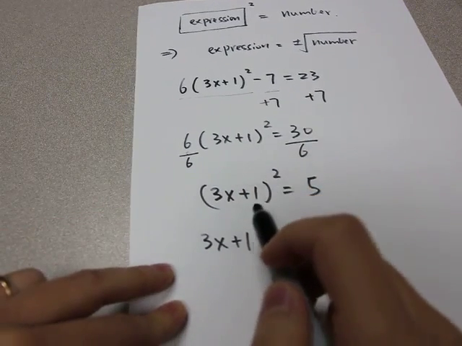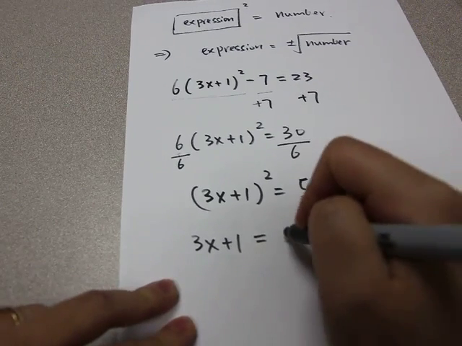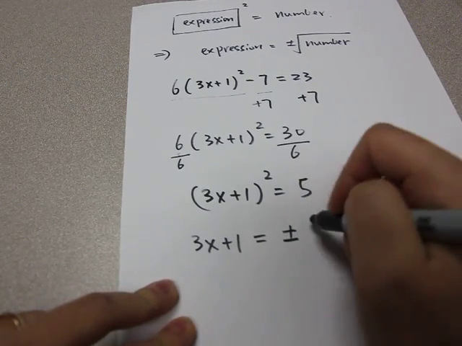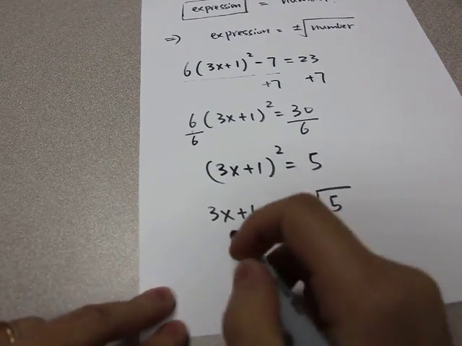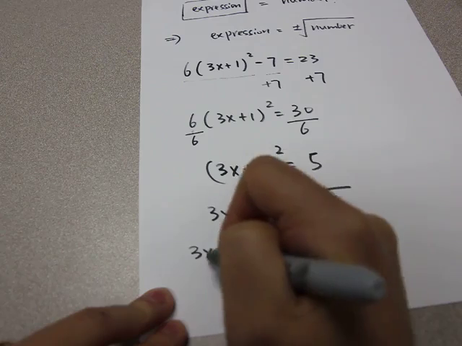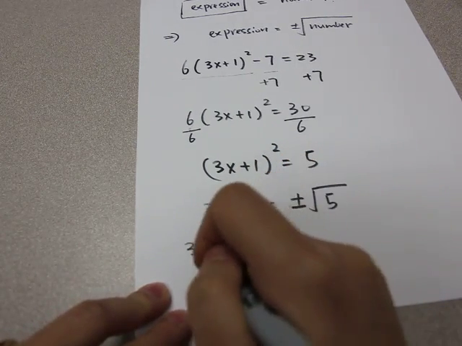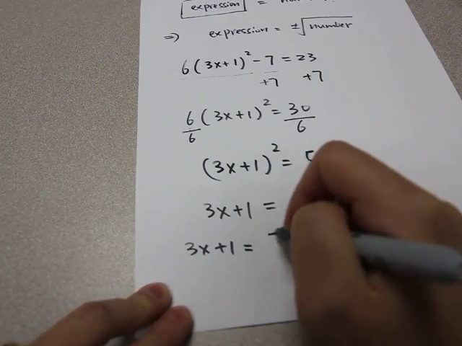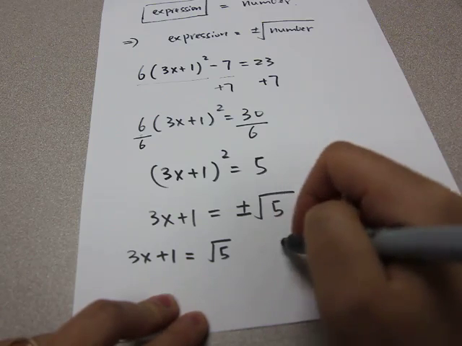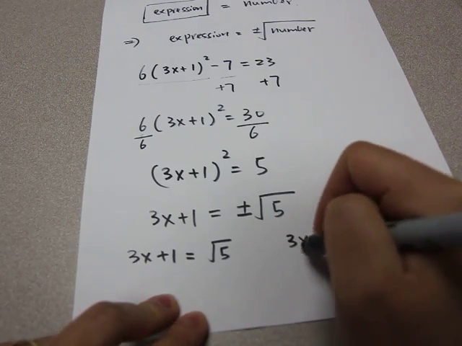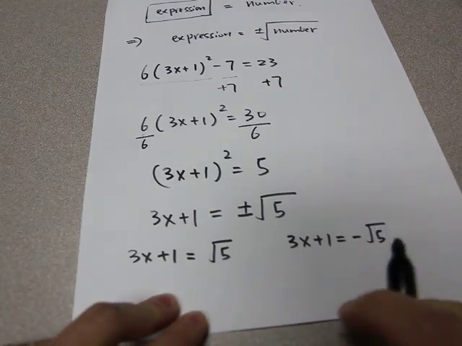After we take the square root, we have 3x plus 1 equals positive, negative, square root of 5, and then we have two linear equations. One equation is 3x plus 1 equals positive square root of 5, and the second equation is 3x plus 1 equals negative square root of 5.